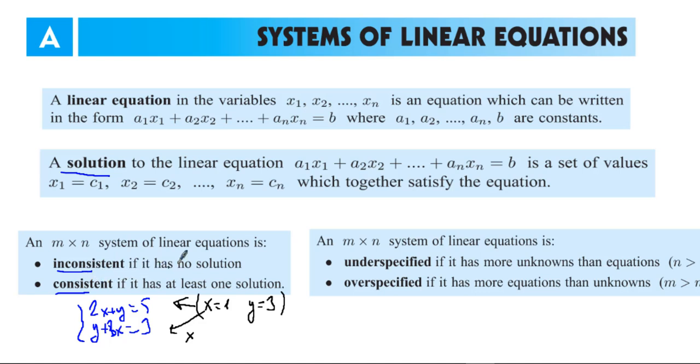Consistent means there is at least one solution. There is also one more definition: underspecified and overspecified. For example, let me go with the same one, 2x plus y equals 5, and let's say 3x minus y equals 10, and let me go with 4x plus 10y equals minus 1. If I have this simultaneous equation, look here, I have two unknowns and three equations. This one is overspecified. In order to solve it, I only need two equations, but they give me one more, which is overspecified.